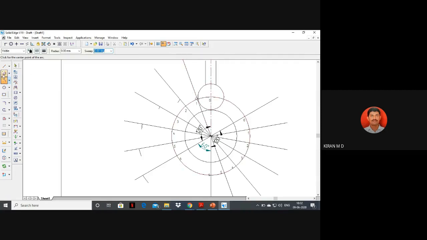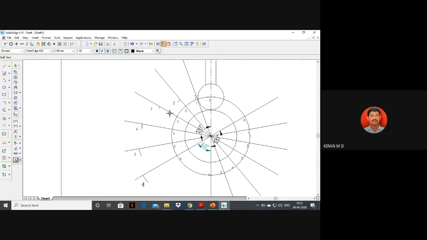Again, what are the points here? This is 1 dash, 2 dash, 3 dash, this is 4 dash, this is 5 dash, and this is 6 dash.